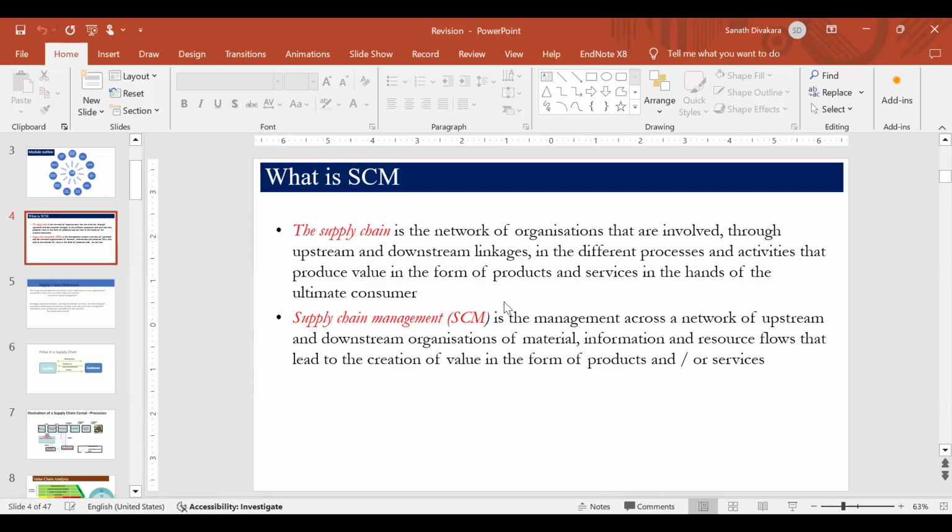Then you have to remember the theories. What are the flows? What are the processes? There are three flows: information flow, material flow, and finance flow, right? Processes, different processes: upstream, operation, downstream, then marketing.